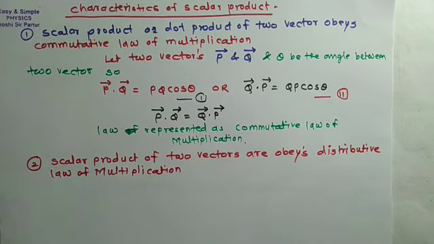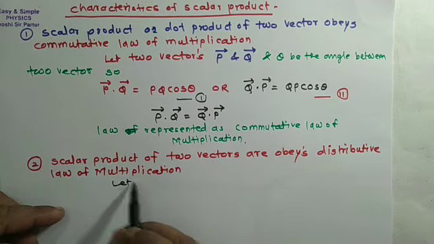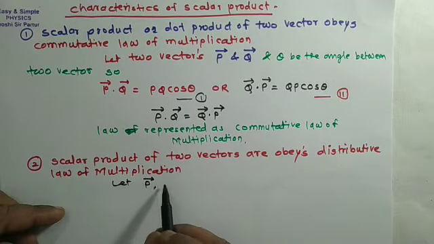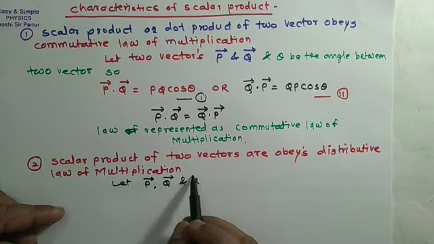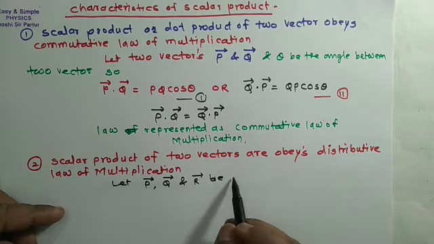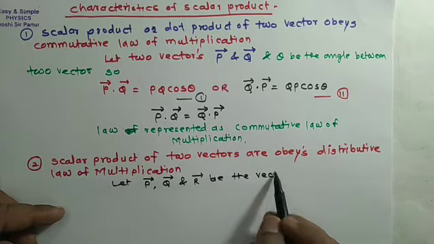What is the distributive law of multiplication? Let vector P, vector Q and vector R be vectors.